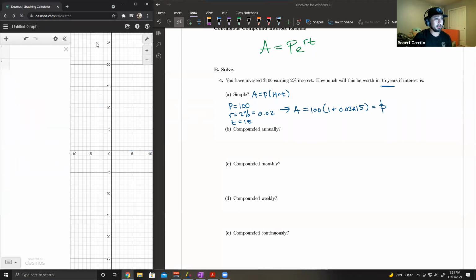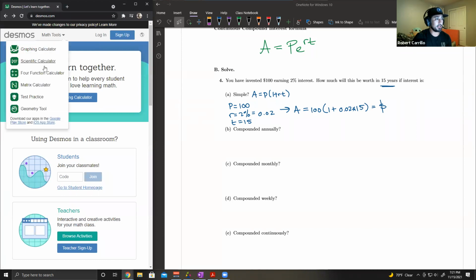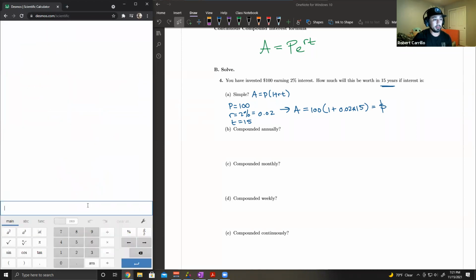I don't think I need the graphing calculator. I just need a scientific. There we go. So you're going to type it in just like I wrote it. 100 times 1 plus 0.02 times 15.